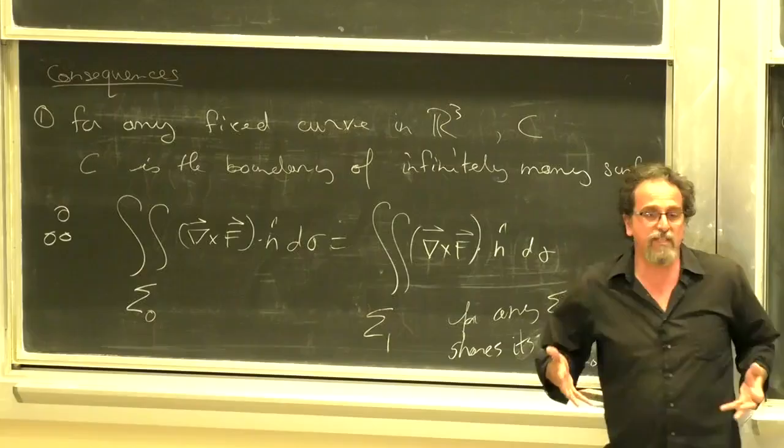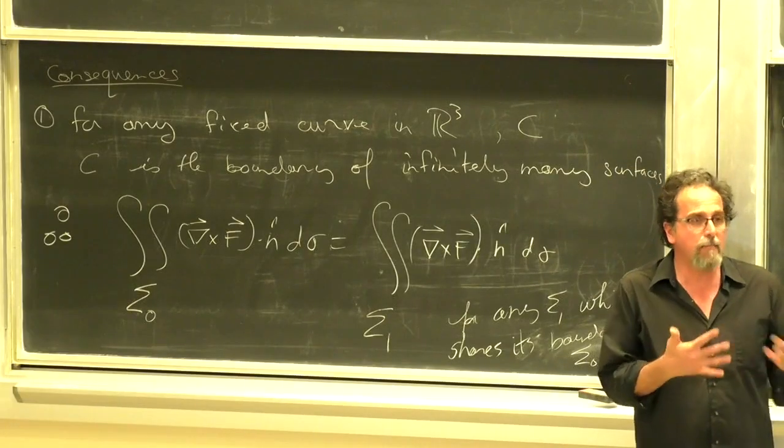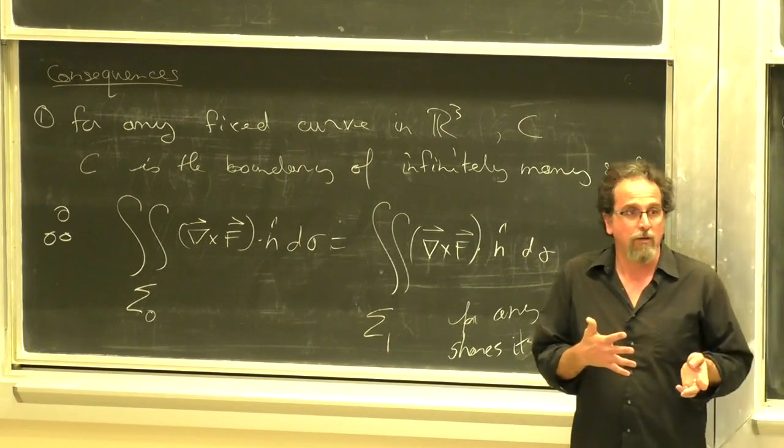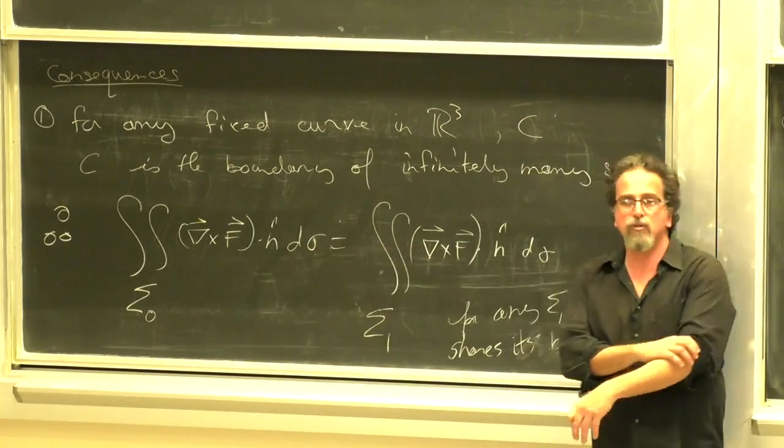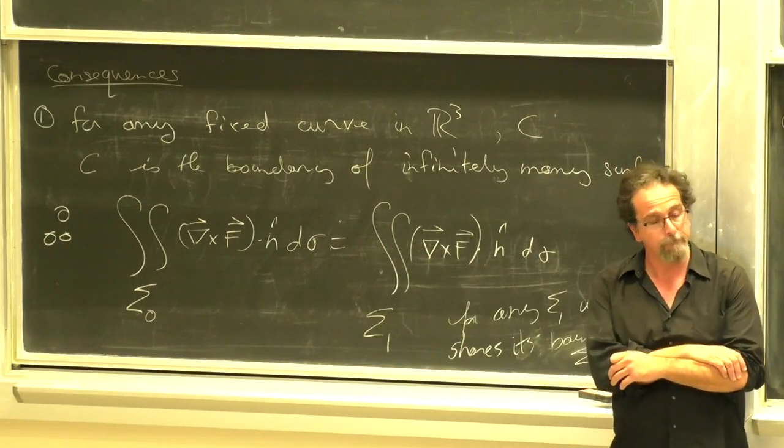So if the two surfaces have the same boundary, it doesn't matter. The flux of the curl through those surfaces will be the same. That's kind of an interesting fact.